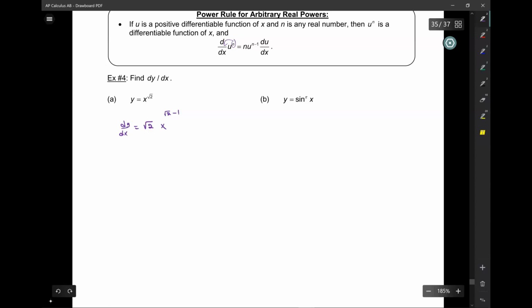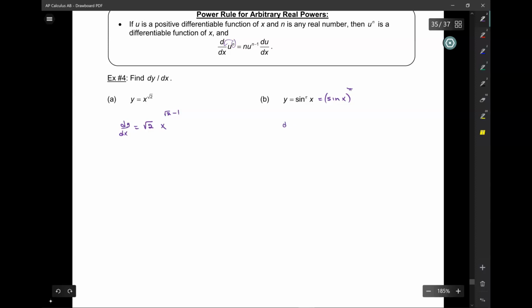Similarly, suppose I have sine to the pi of x, right? That's like saying sine of x to the power of, instead of squaring it, or to the power of 3, I say to the power of pi. What's wrong with that? It's just to the power of 3.1415, right?